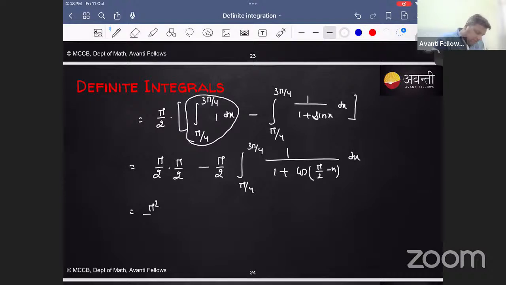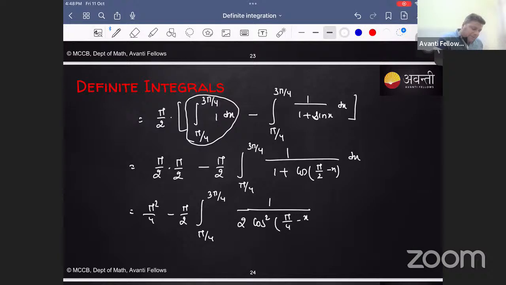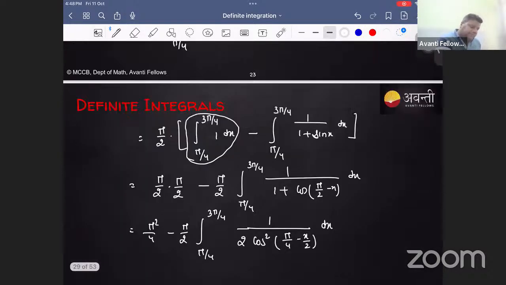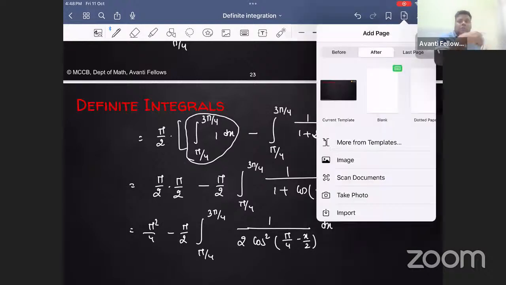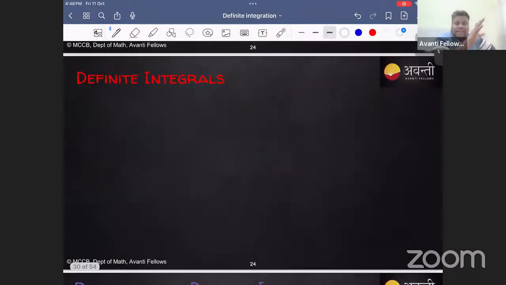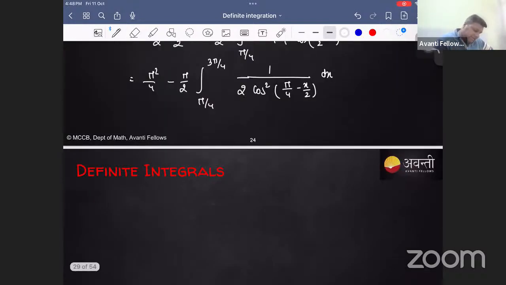So it is pi square by 4 minus pi by 2 integration pi by 4 to 3 pi by 4 1 upon. Now this 1 plus cos theta is 2 cos square theta by 2. So that is pi by 4 minus x by 2 dx. Got it? Now cos square goes upside as sec square, and integration of sec square x is tan x.